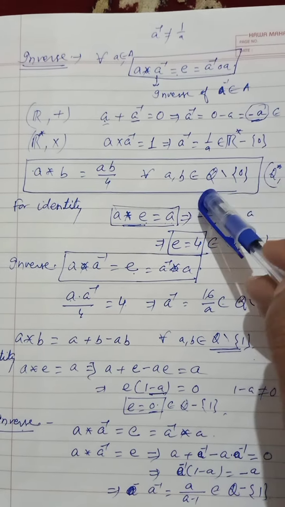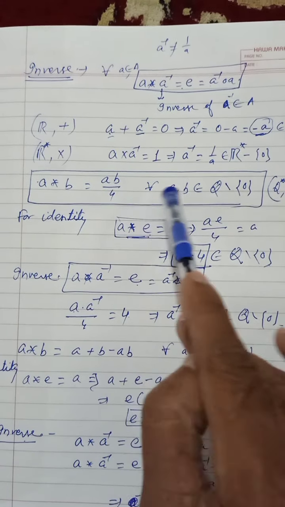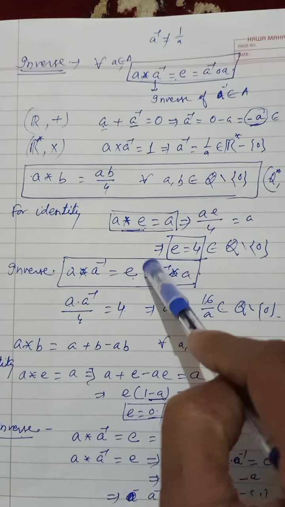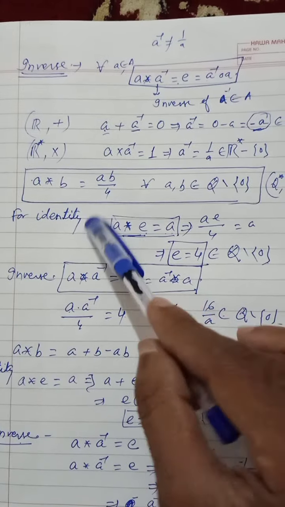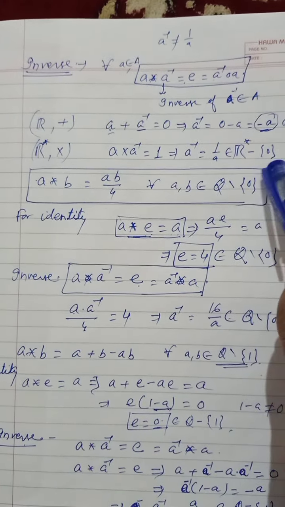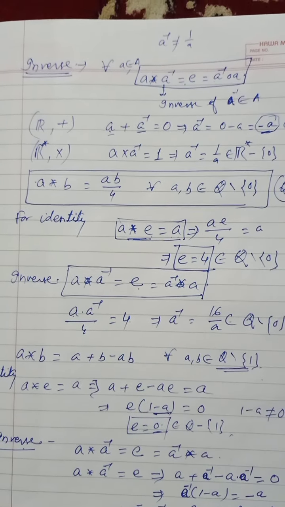We have to check whether this is a binary operation or not. So if A is a rational number and B is a rational number, then A into B is always a rational number, so A into B upon 4 is also a rational number. That means this star operation with respect to this Q minus 0 set is a binary operation.